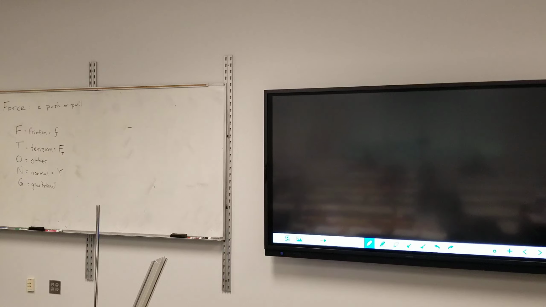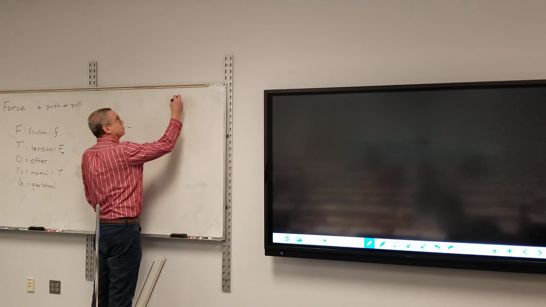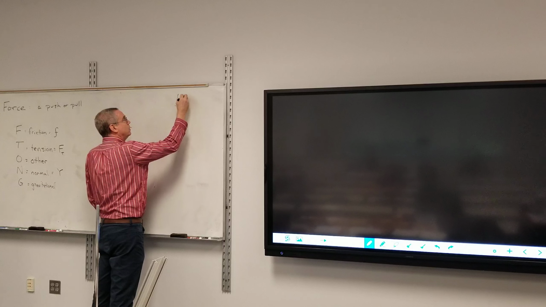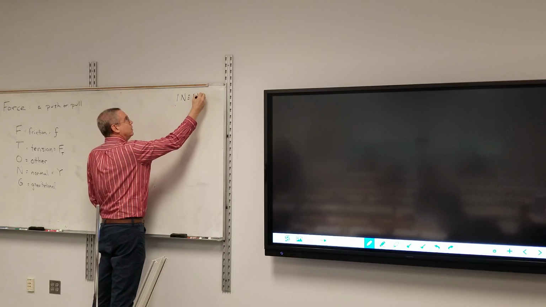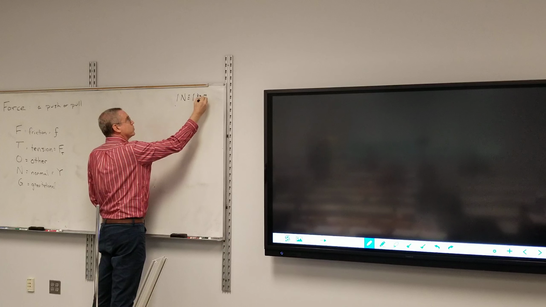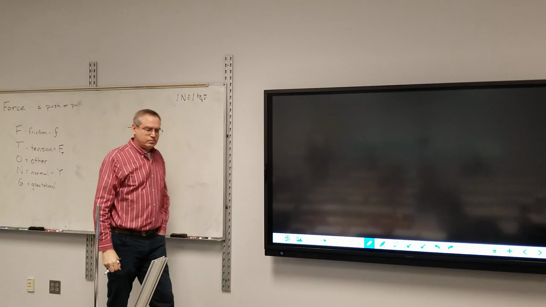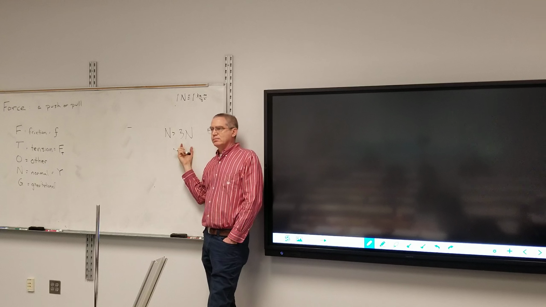Here's my big issue with using capital N: capital N is also a Newton. A Newton is a unit of force. We just defined 1 Newton is, by definition, a kilogram meter per second squared. So if you're using capital N, then the following would make sense in physics: N equals 3 N. This says that the normal force is equal to 3 newtons.